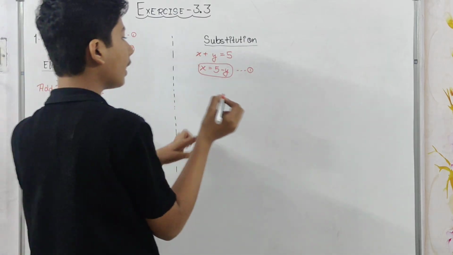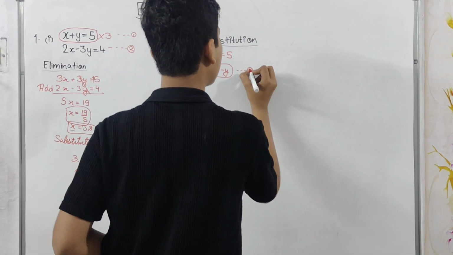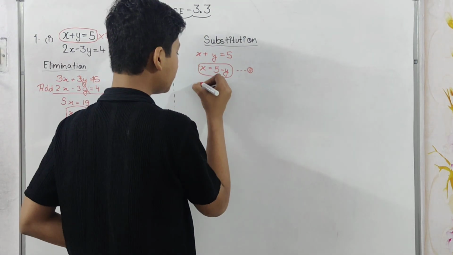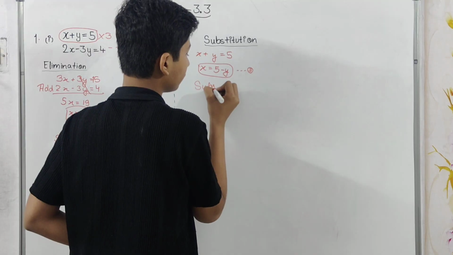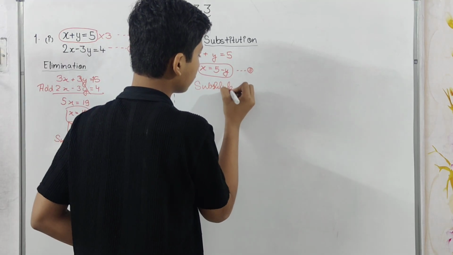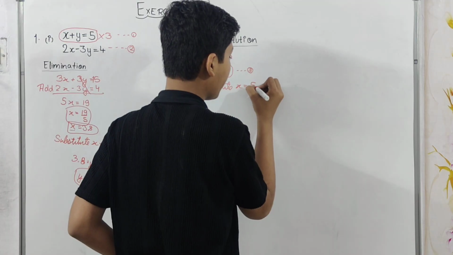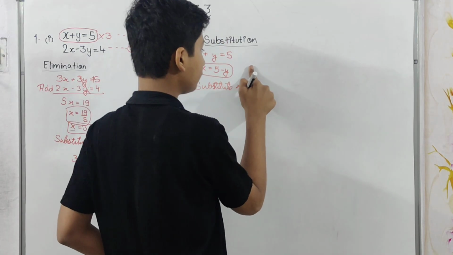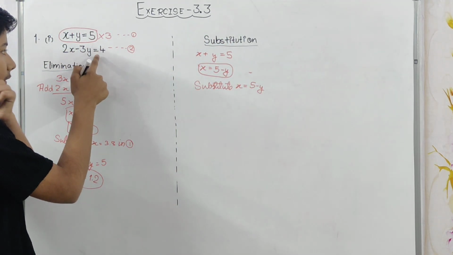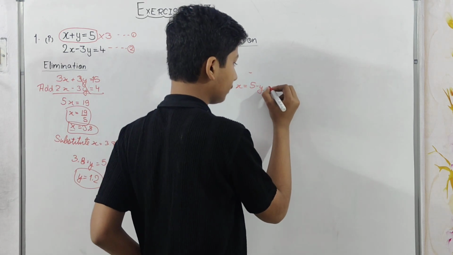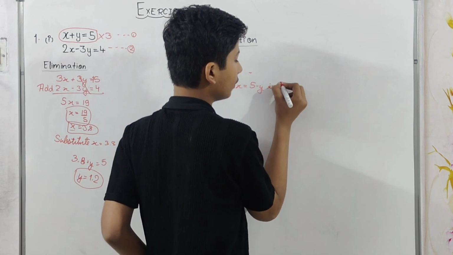This is first, this is second, and let this be third one. Substitute x equals to 5 minus y in this equation, means the second equation.